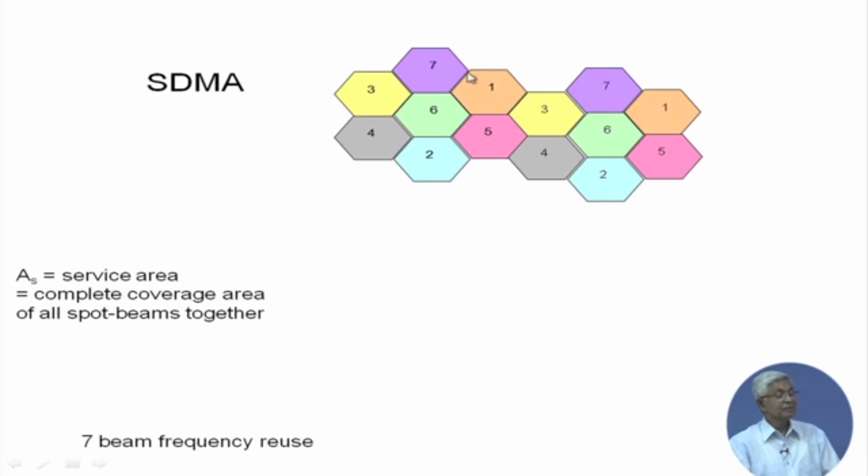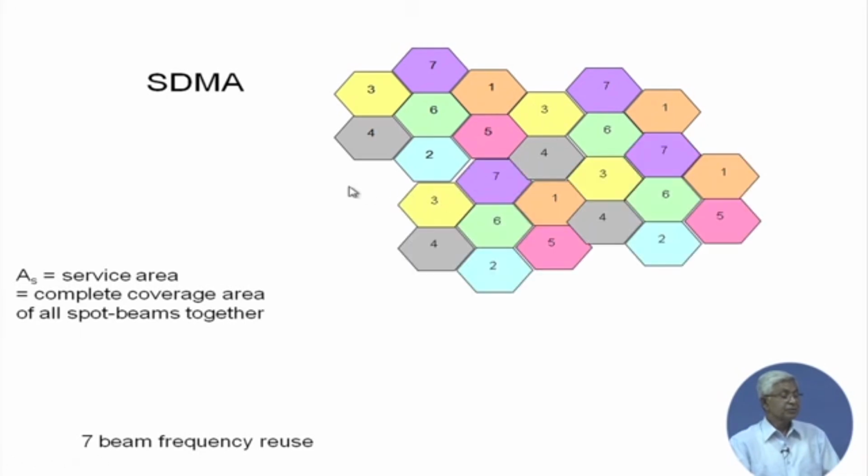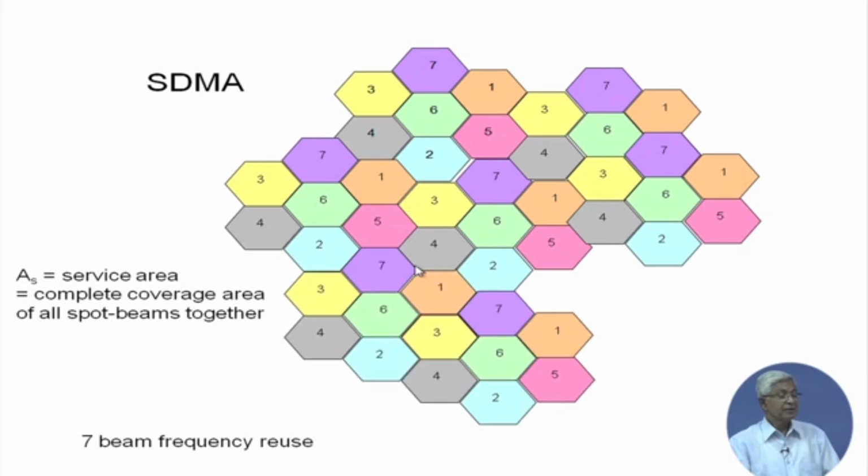So the beam radiation patterns are designed such that very small energy from this beam will fall into this beam, so that co-channel interference is less. So this type of cluster of 7 beams can be used to complete the coverage area.